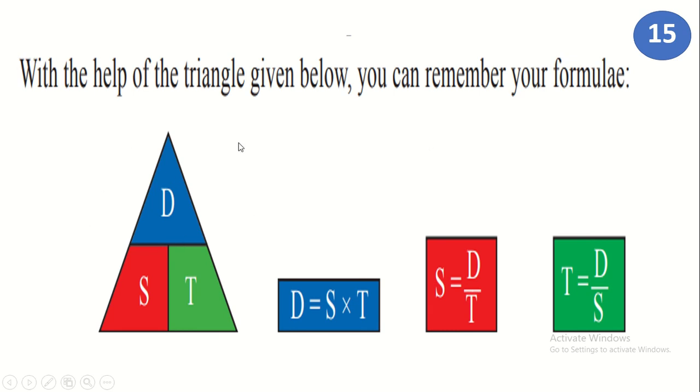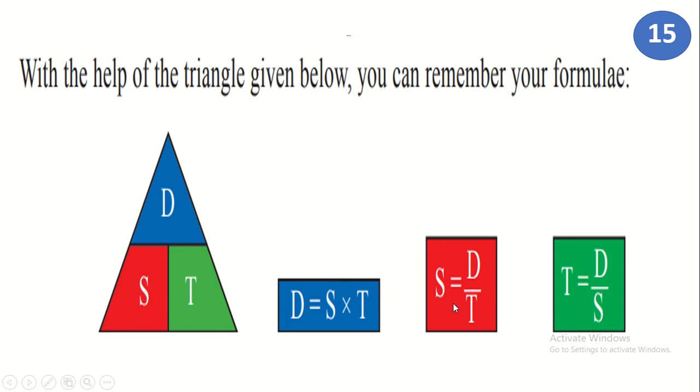You have 3 letters: letter D, and then S and T. This is the formula. D is equal to S times T. You get this one, the color blue, you multiply.